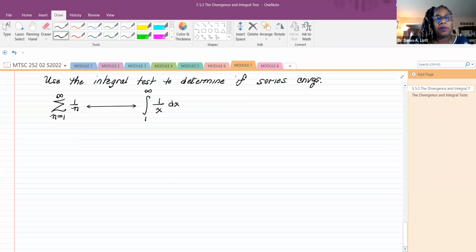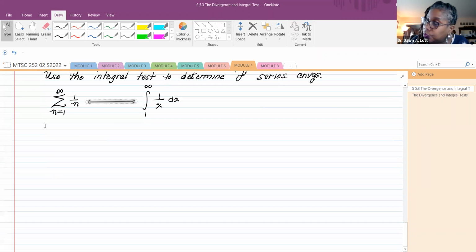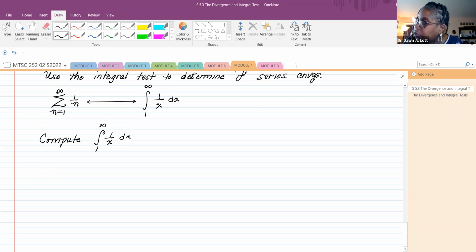Okay, so let's get cracking. So I need to compute the integral from 1 to infinity of 1 over x dx. And I believe we actually already did this one, but I'm gonna go through it again. So this is equal to the limit as t approaches infinity of the integral from 1 to t of 1 over x dx.